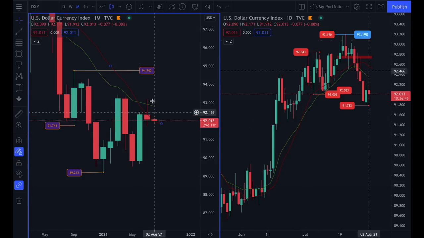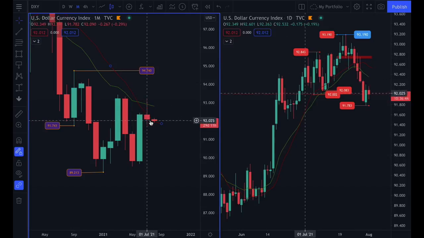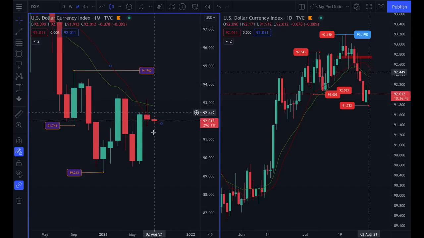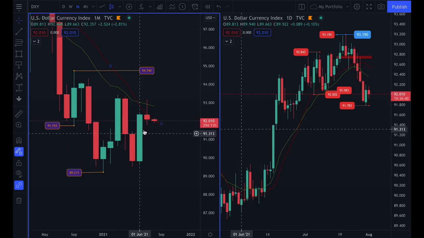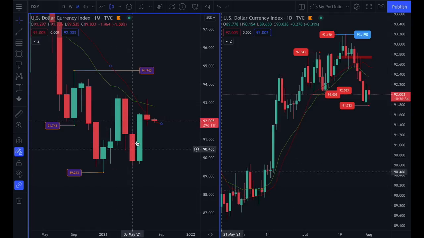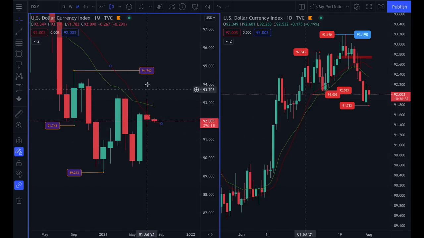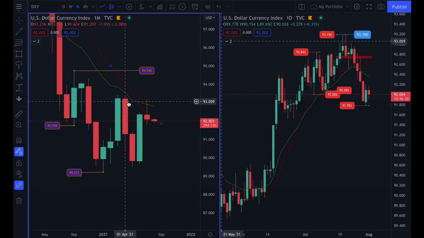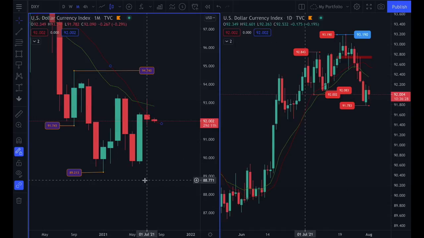Now, this month closed as a rejection candle, and that means that this here is a pullback against the downtrend. Even though price was going down, these pushes up were retracements or pullbacks against the downtrend.